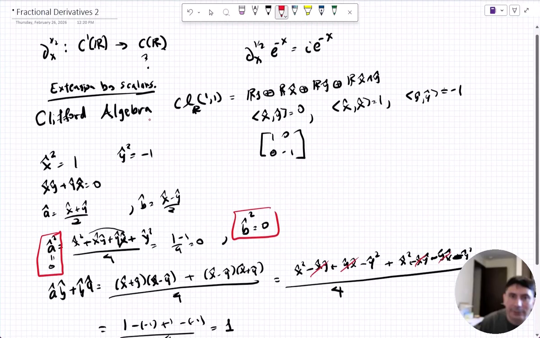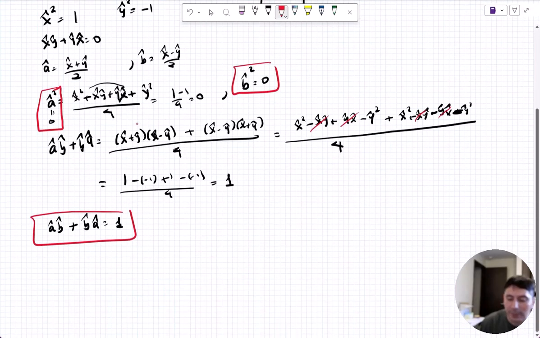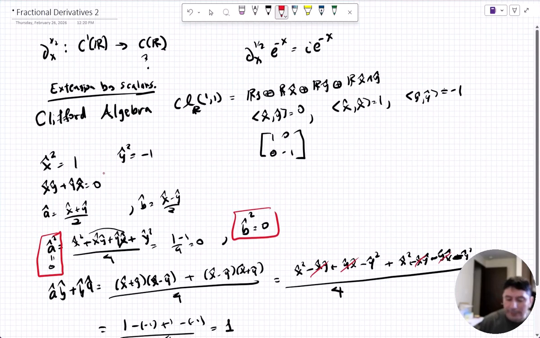Now let's do the definition of the fractional derivative by doing extension by scalars, right? So remember, we cannot use the functions of the real line as the range anymore. And there's no reason to believe that the domain of this fractional derivative operator is well defined on the differentiable functions because its image does not lie in the range of the original derivative operator.